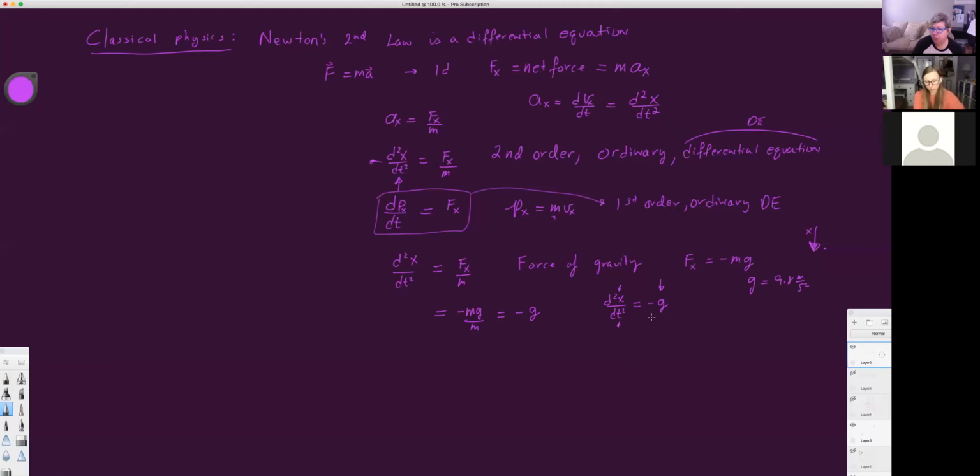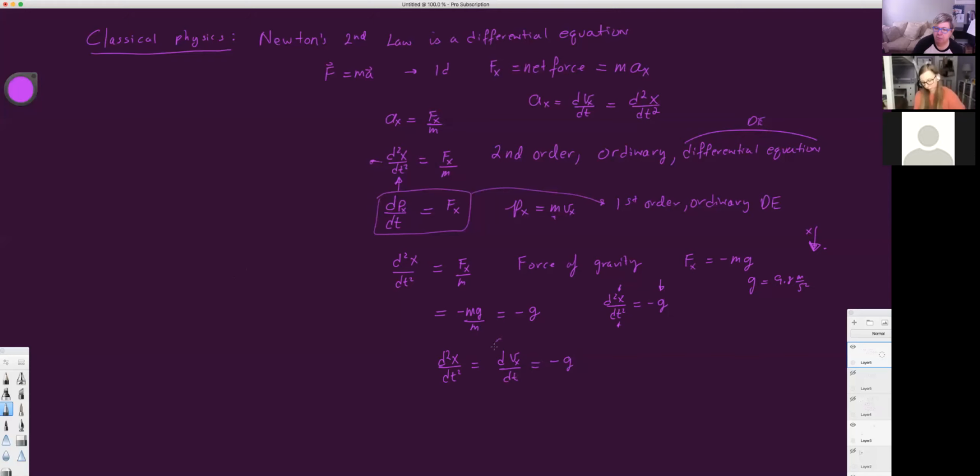So what we can do is integrate both sides. I'm going to do an integral over time. Actually, I'm going to change this. I know that d squared x dt squared, I can write as just the time derivative of the velocity in the x direction. Remember, x is down. And that's equal to minus g.